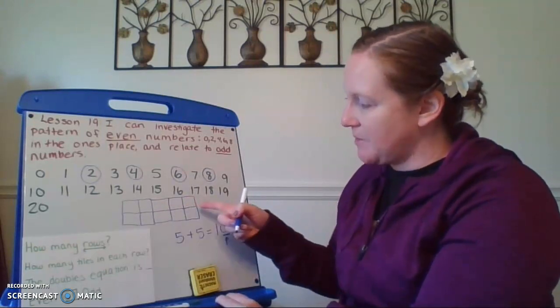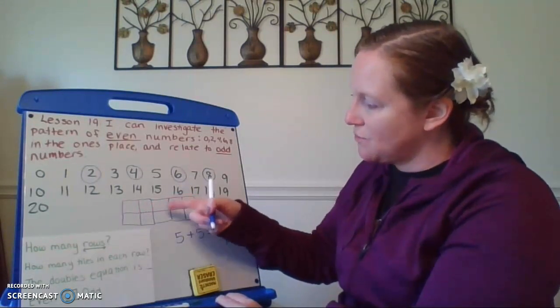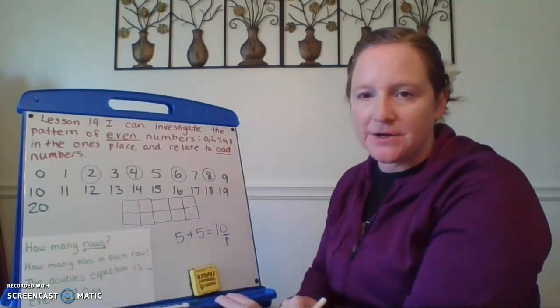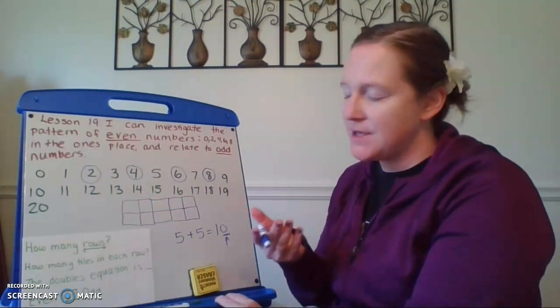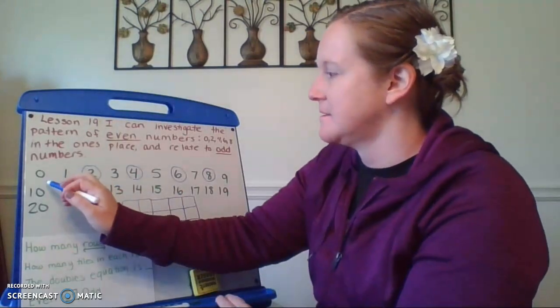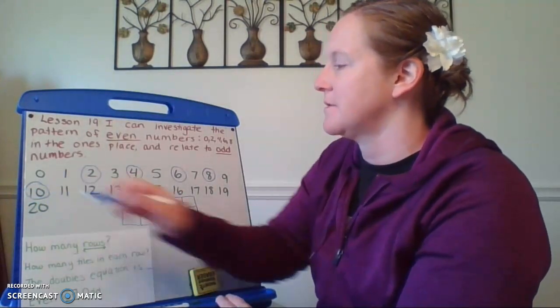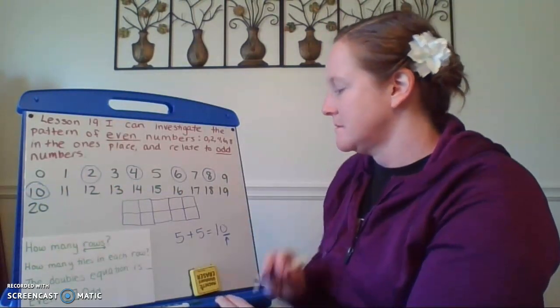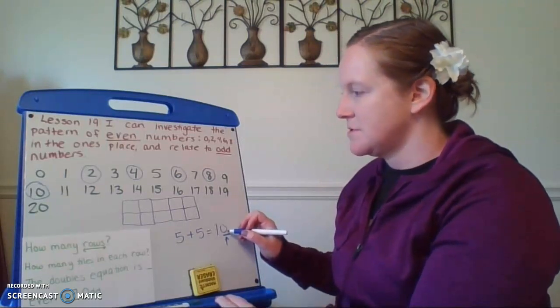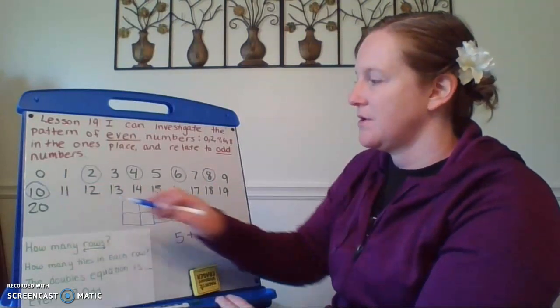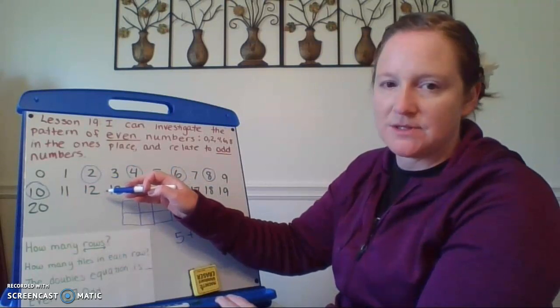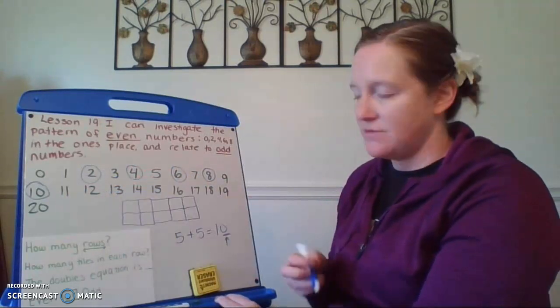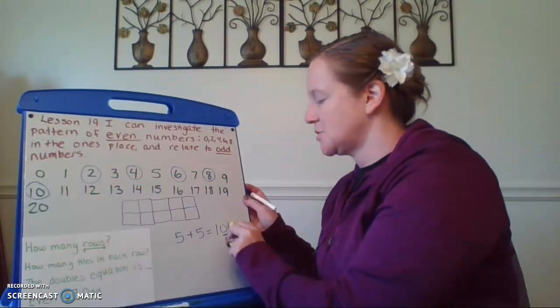Well, if we look back at our picture, each tile has a partner or a pair, so that means that it is an even number. Okay, so if it ends in a 0, it's an even number. If it ends in a 2, which is going to be our next number, 12, that should be even. Let's check.